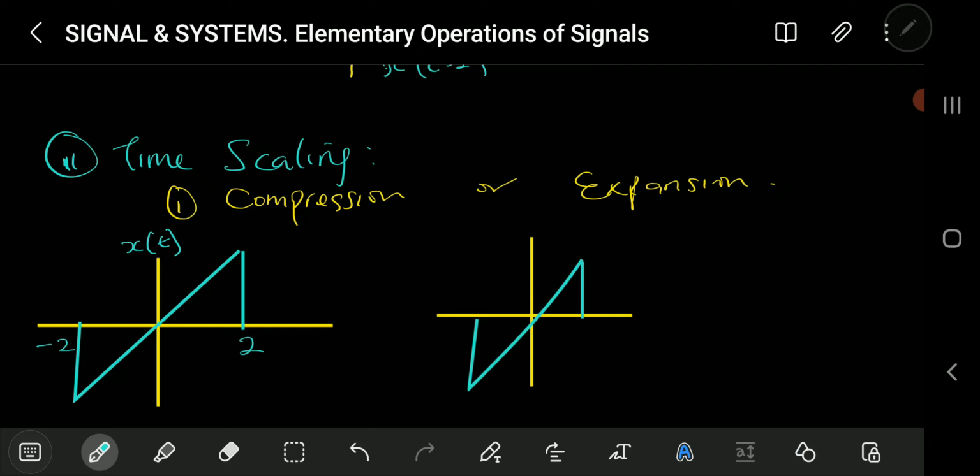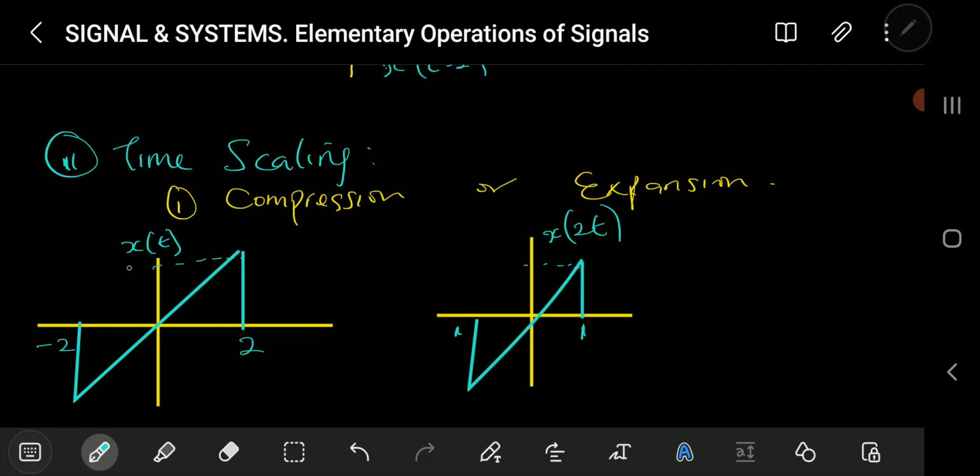So once it is compression, remember then it will reduce by whatever value it is. So if you are having it as x of 2t, that means we are compressing it by 2. So this is going to be 1, and this will be 1. But the amplitude will remain the same.